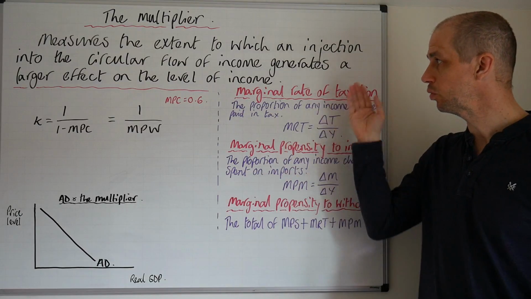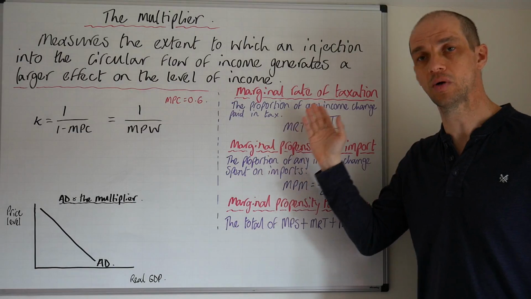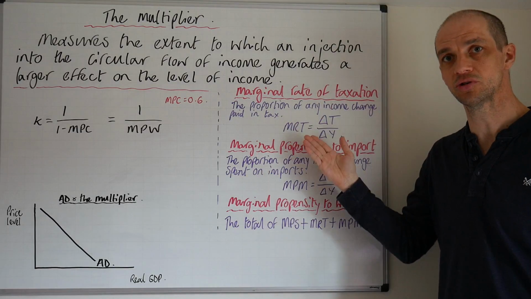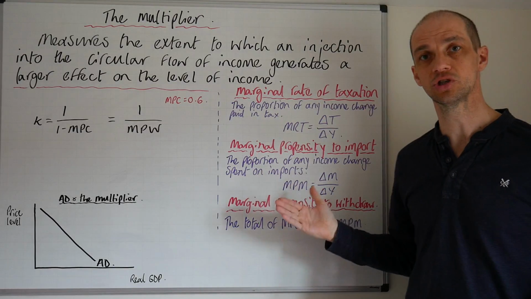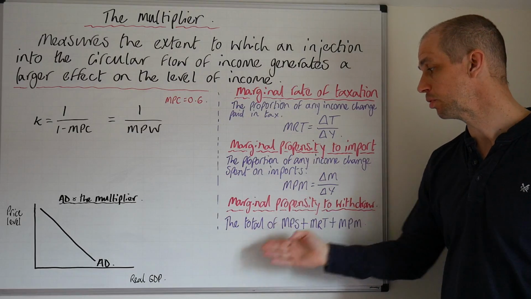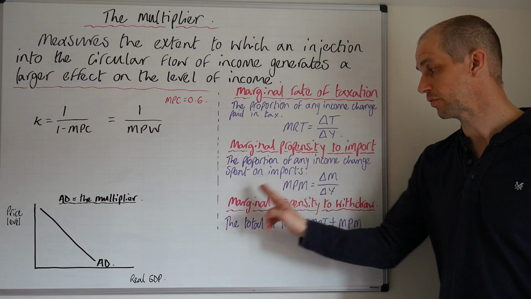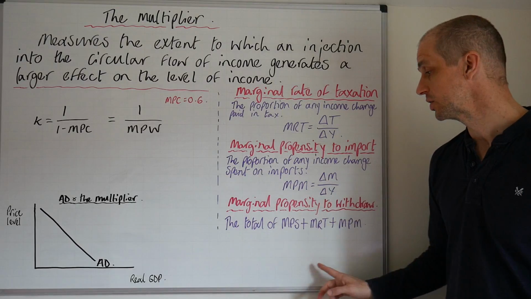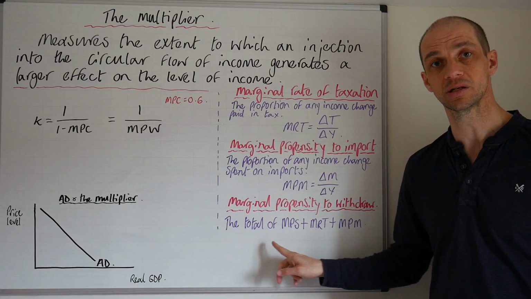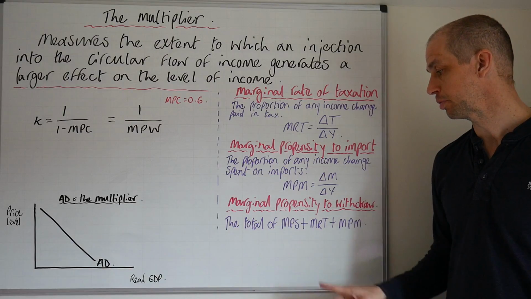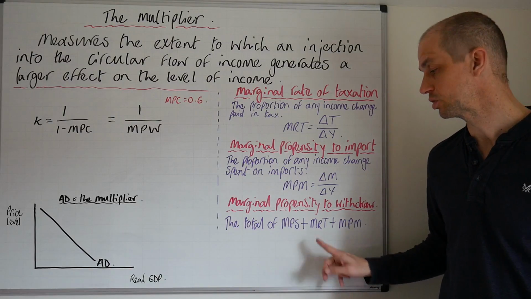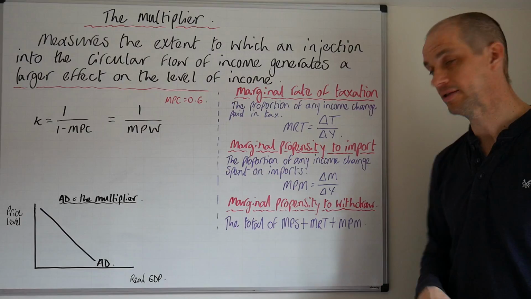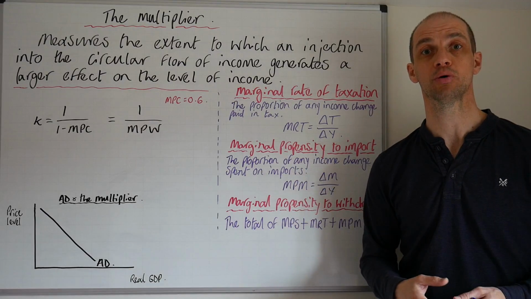Well, when we put all of these areas together, the marginal propensity to save, the marginal rate of taxation and the marginal propensity to import, it means that we can also generate the marginal propensity to withdraw. This is the sum total of the marginal propensity to save plus the marginal rate of taxation and the marginal propensity to import.